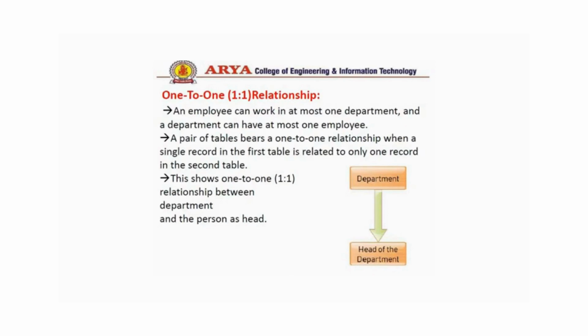It means the relation from department to employee is 1:1 and from employee to department is also 1:1. A pair of tables bears a one-to-one relationship. In this example, department and head of department show a 1:1 relationship between a department and the person who is the head of the department.